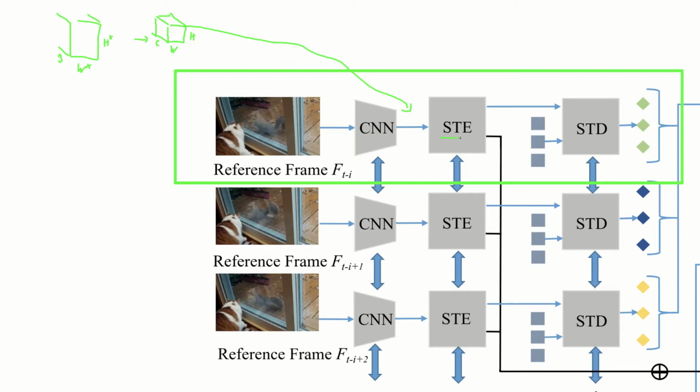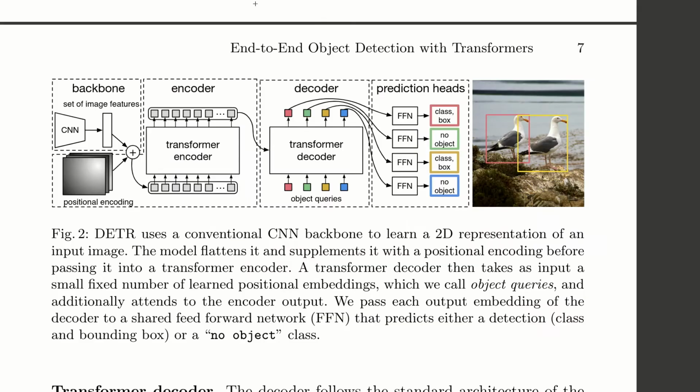spatial transformer encoder. To get a better understanding of this encoder block here, we have to go to the end-to-end object detection with transformers paper, where I will post a link in the description below. The current paper is doing the same as they did in this architecture. They put it also into a CNN block. They have these image features.